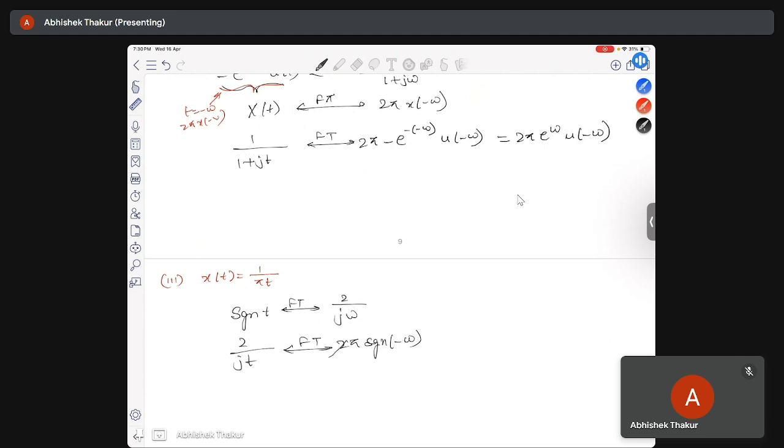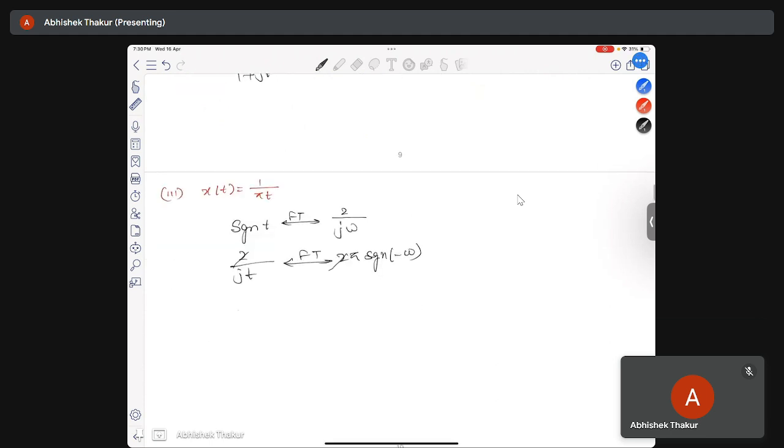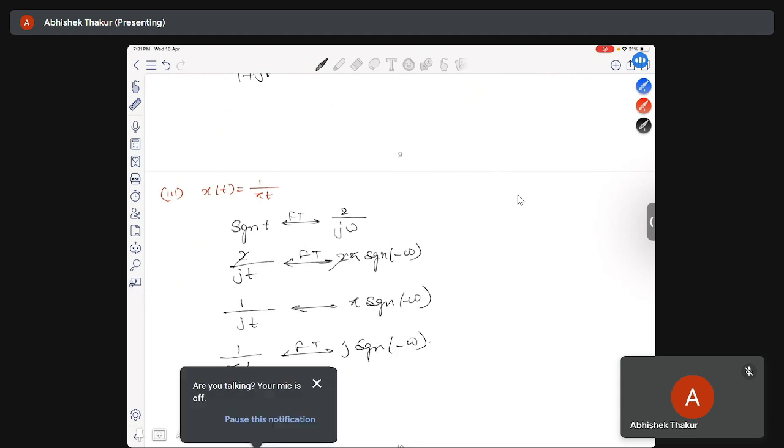So this 2 and 2 will get cancelled. 1 by jt will have the Fourier transform π signum(−ω). So now 1 by πt will have the Fourier transform, taking j to that side, j signum(−ω).